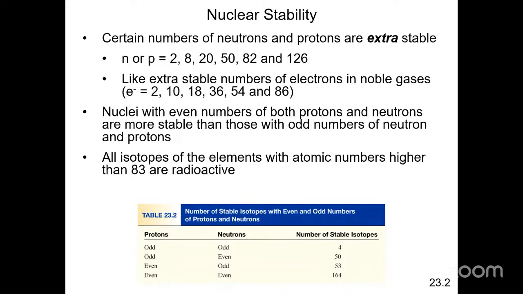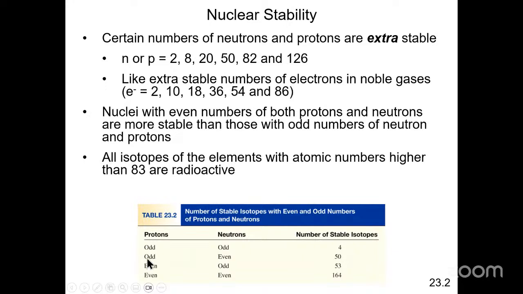The table that you see below here is a summary of some other ideas, some of which were mentioned before, concerning making predictions of the stability of nuclei. If the number of protons is odd and the number of neutrons is odd, the number of stable isotopes is 4.